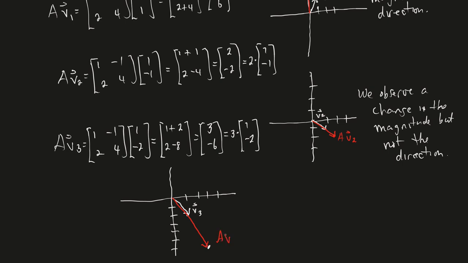So this is AV3. Same observation, that the result of multiplying this vector by this matrix is the same as multiplying that vector by a constant. So in some sense, matrix multiplication produces the same result as scalar multiplication. So again, in this case, we observe a change in the magnitude, but not the direction.